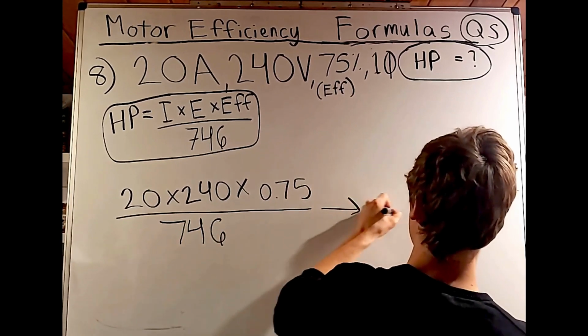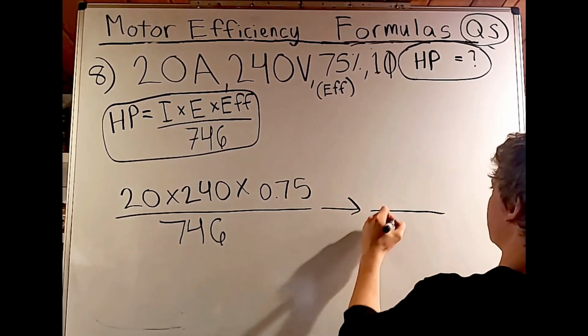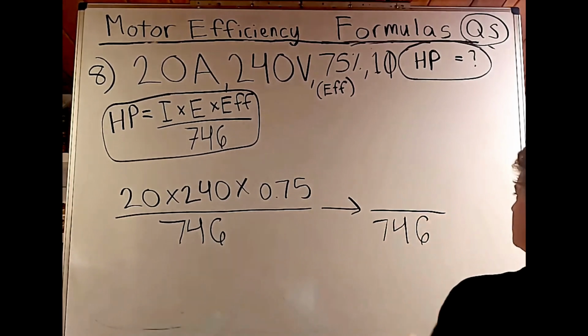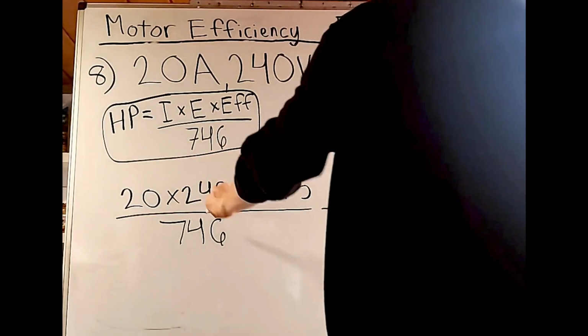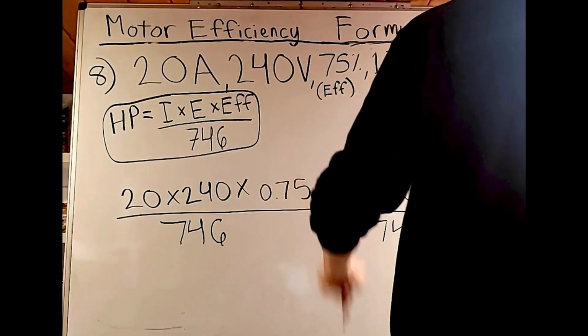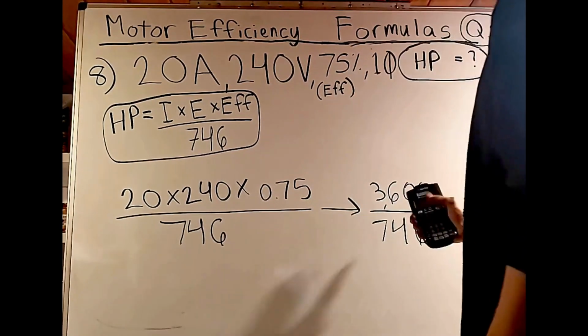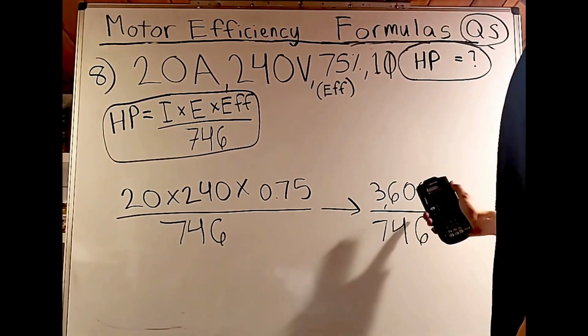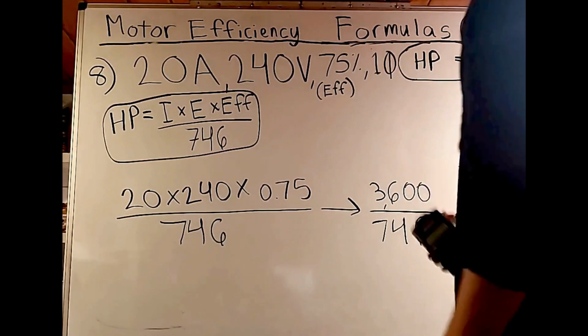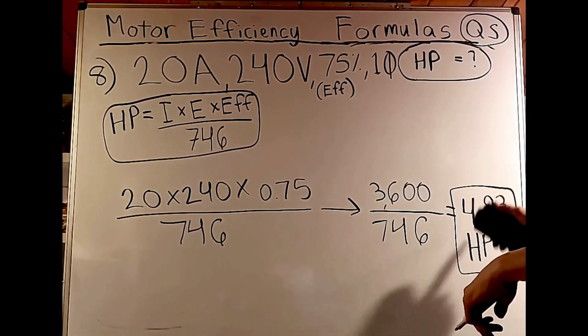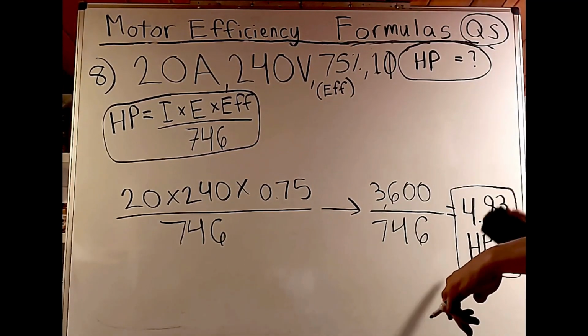Multiply the top and then divide that by the bottom, which is just 746. 20 times 240 times 0.75 equals 3,600. 3,600 over 746 gives us the answer 4.83, and that is our horsepower.